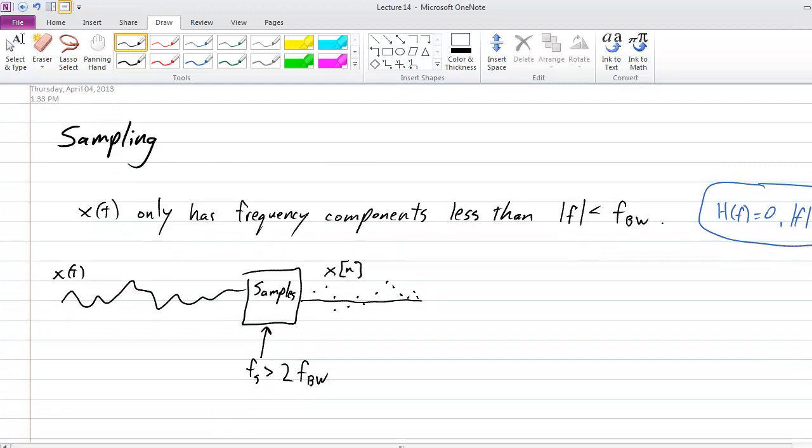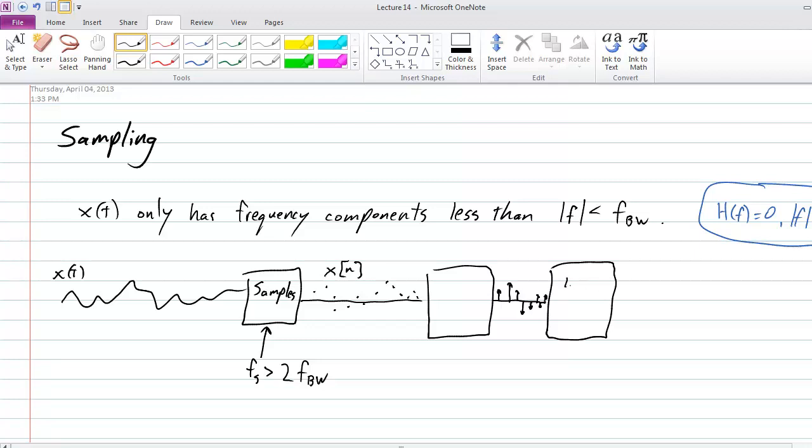Then we know we can recover. The way we would recover is, on this side here, we kind of need to do it in 2 steps. One is, we need this discrete time signal to be represented in continuous time with delta functions. We'll really be doing it in 1 step, but in between, let's say we convert it into the continuous time representation. So maybe we have some circuit that produces delta functions based on the discrete time signal.